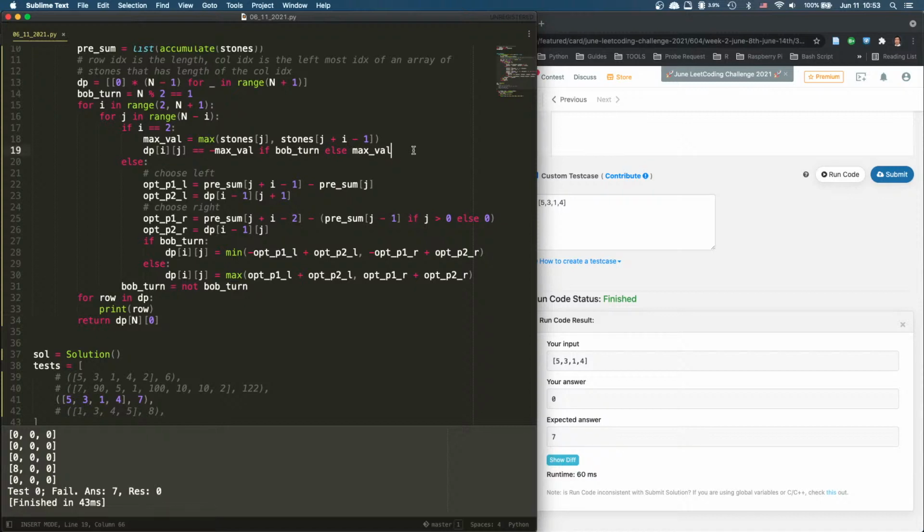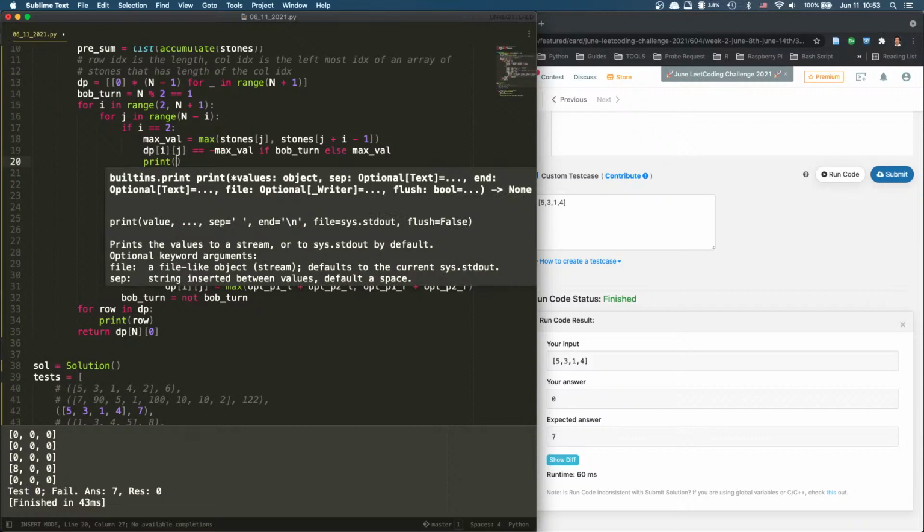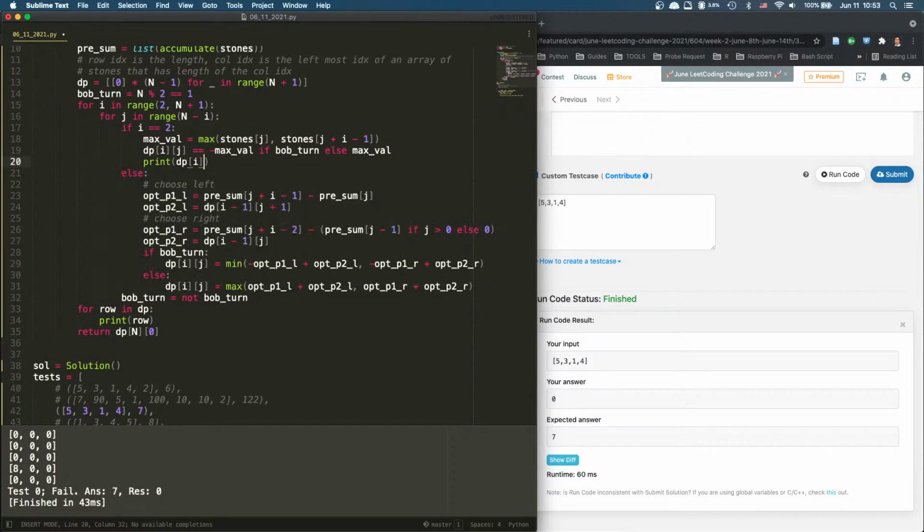Let's print dp[i][j]. 0 and 0. Oh, I put double.